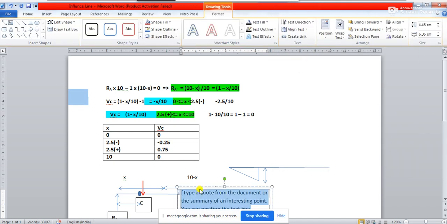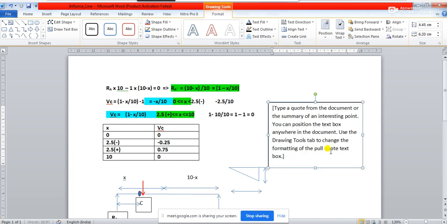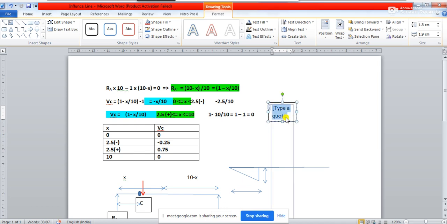If I put some text box over here, so let's say this is going to be equal to 0.25, and this is going to be minus of it.